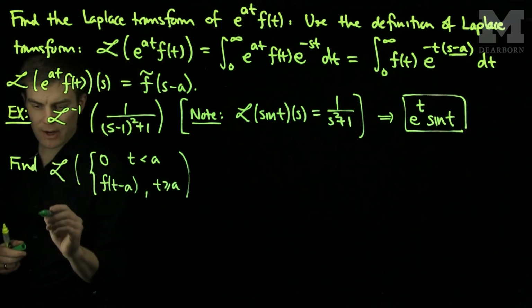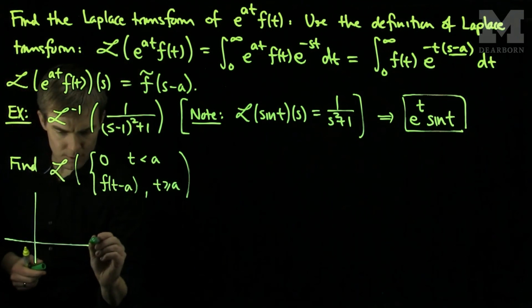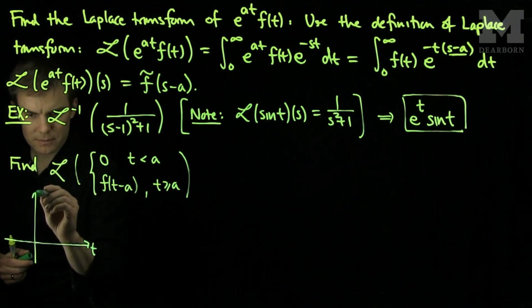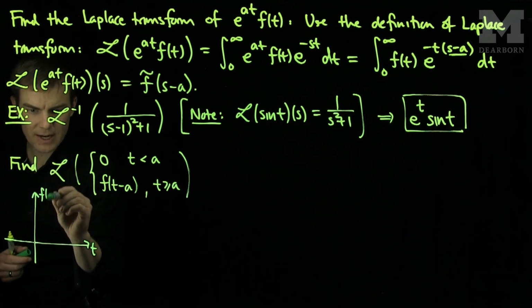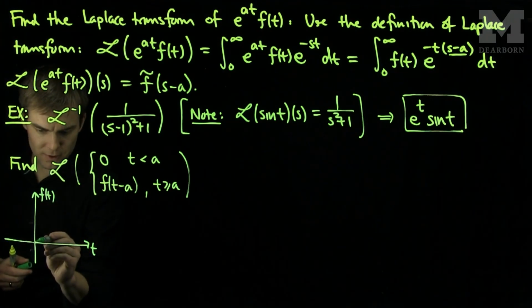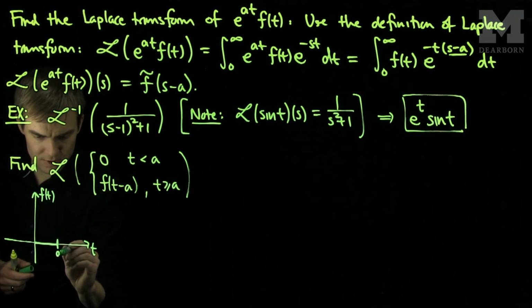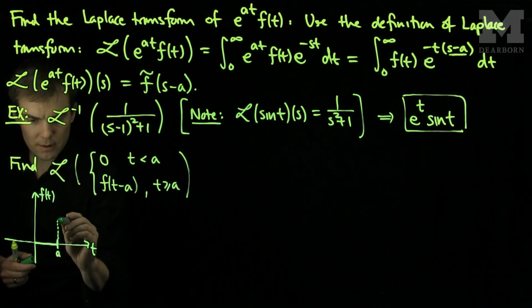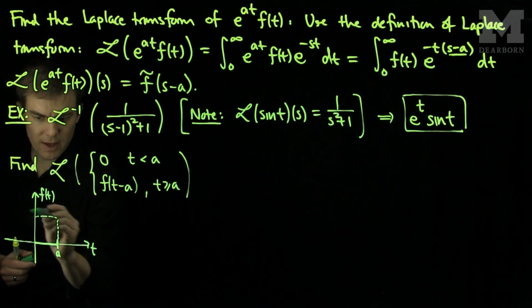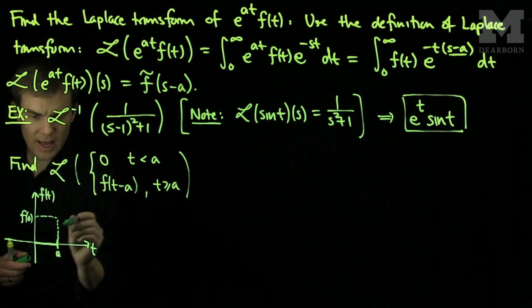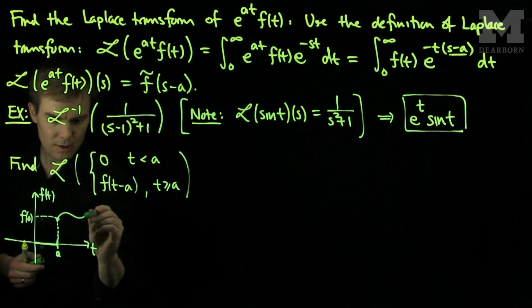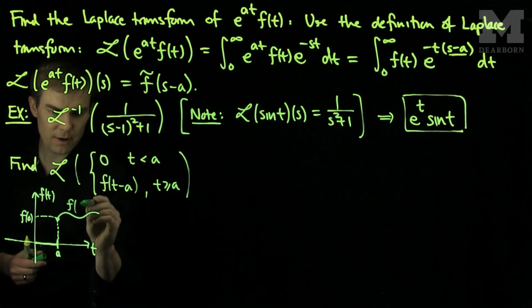So if I have a graph, here's the t-axis, here's the f of t-axis. This piecewise defined function will be 0 up to the moment of a, and then at the moment of a, it will start at f of 0 and give me the rest of the graph of f.